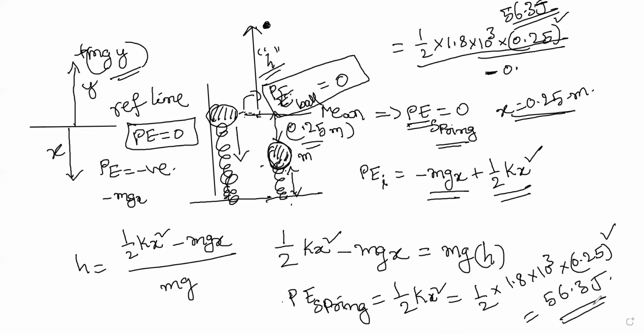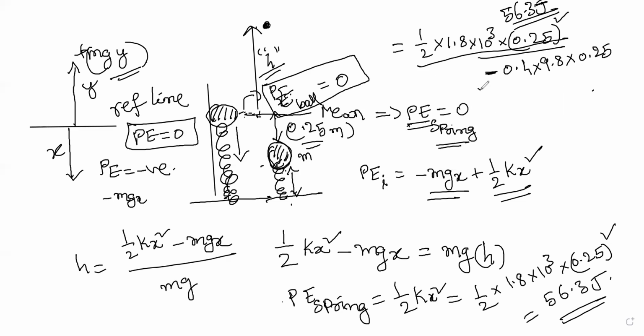There's no problem in this. The next part is this, minus mgx. That is minus 0.4, if I remember correctly. Yeah, 0.4 is the mass of the cannonball, and g is 9.8, times the distance it is compressed, 0.25.